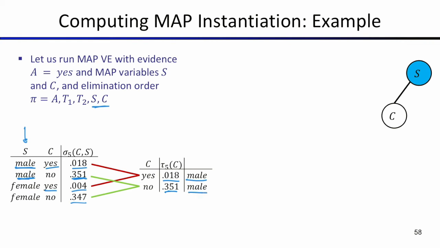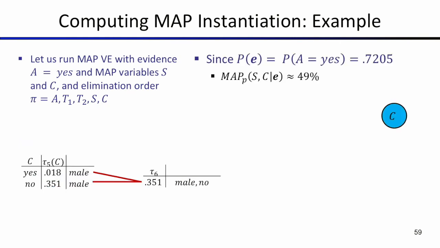So we're going to move on and eliminate the last variable, that is C. So this is the elimination of C. We have just one factor that mentions C, and it is the tau 5 that we just created. So we just compare these two values here, take the largest one, that's 0.351, and bring the instantiation of C here.